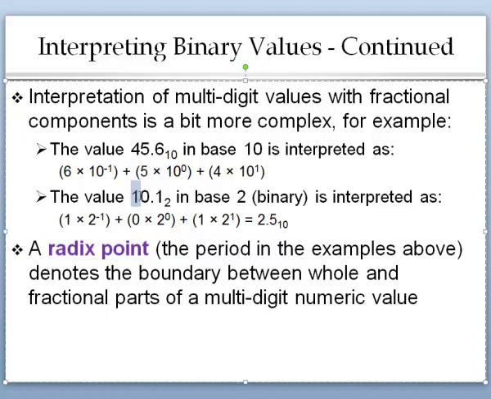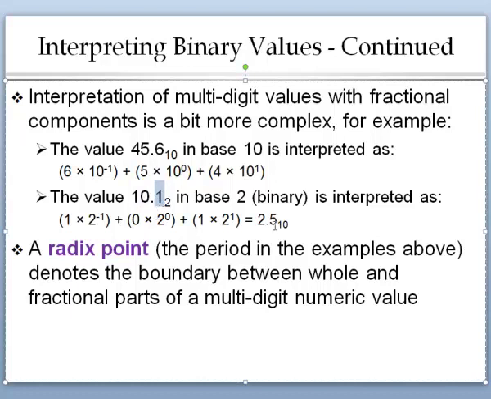So how do we interpret 10.1 in base 2? Well, following the previous example, the first 1 is now in position 1, the 0 is now in position 0, and the 1 to the right of the radix point is now in position -1.